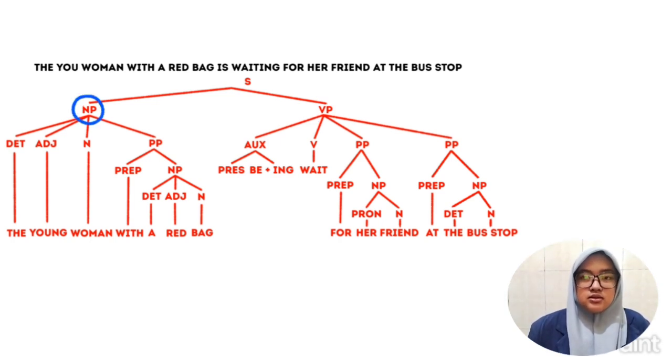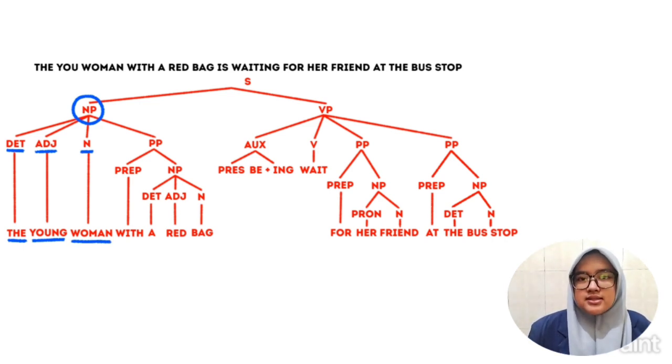The noun phrase in this sentence functions as the subject of the sentence, which is "the young woman with a red bag." And this noun phrase consists of the determiner "the," the adjective "young," and the head noun "woman."